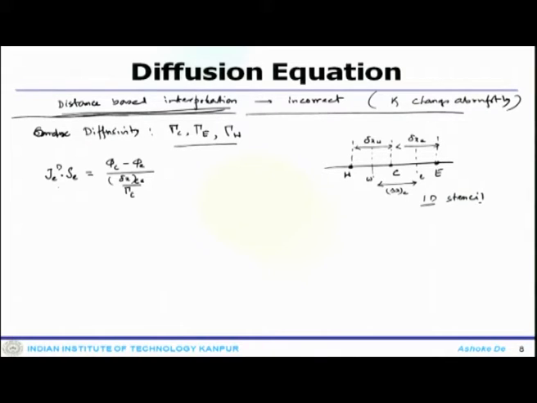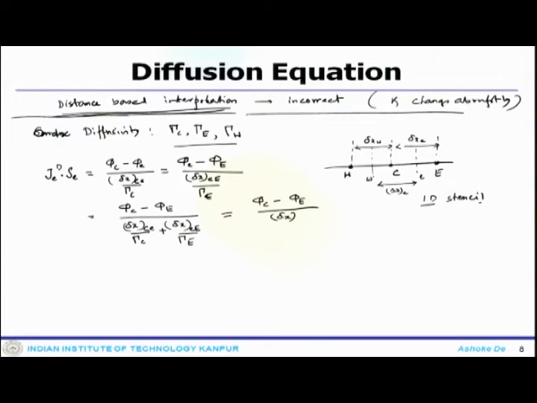The diffusive flux at the east face, one can write as (phi e minus phi capital E) divided by (delta x e E by gamma E), which is also equivalent to writing (phi c minus phi E) between this cell and that cell, divided by (delta x C e by gamma c plus delta x E e by gamma E), which is also writing (phi c minus phi e) divided by delta x C e by gamma e.